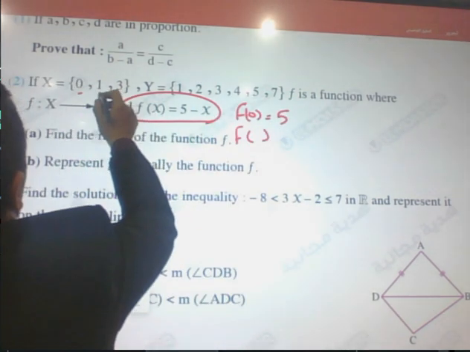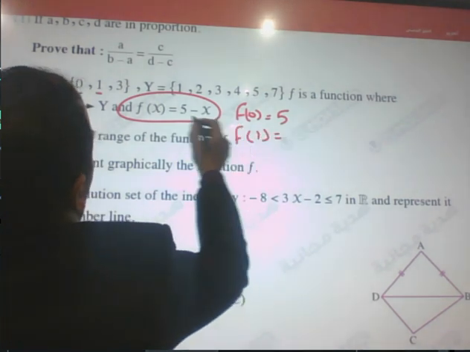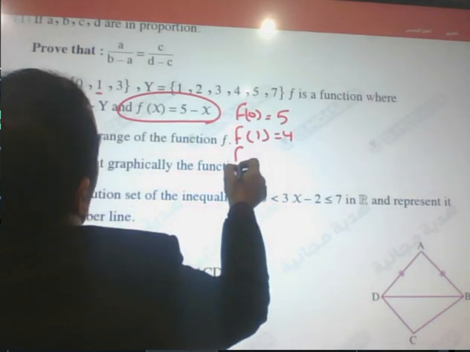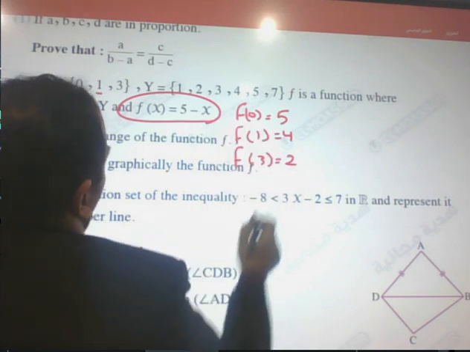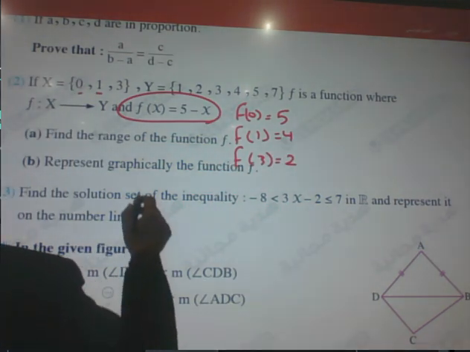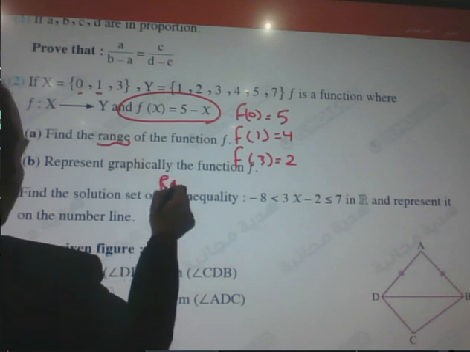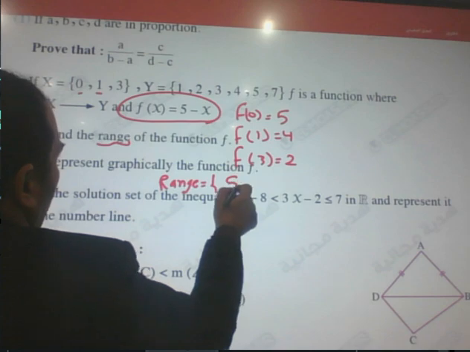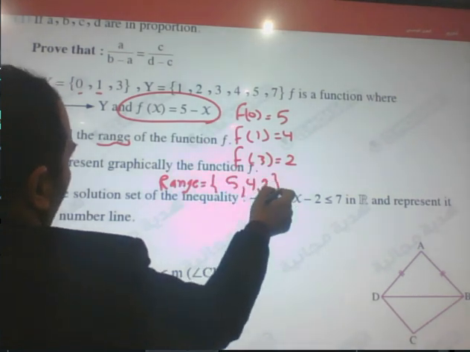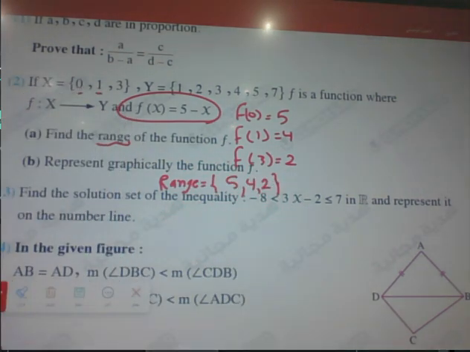And f of 1 is 5 minus 1, equal to 4. And f of 3 is 5 minus 3, equal to 2. Then the range is 5, 4, 2. Okay, this is the range of the function.